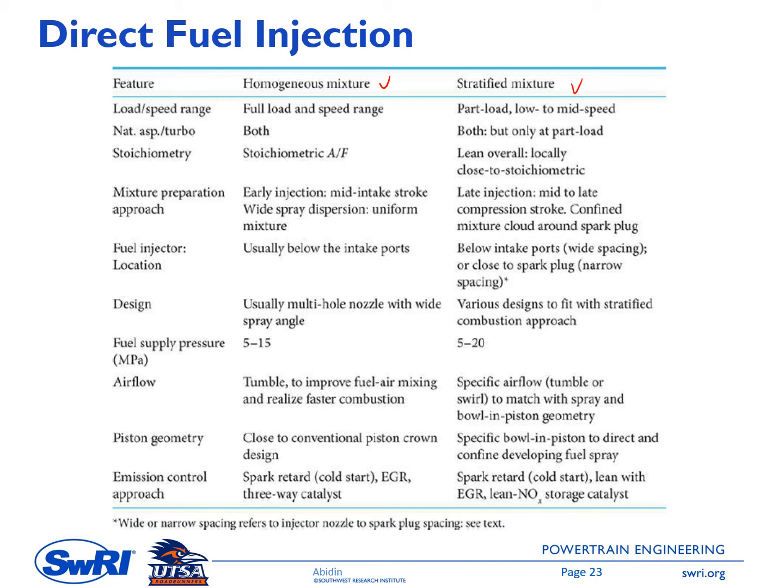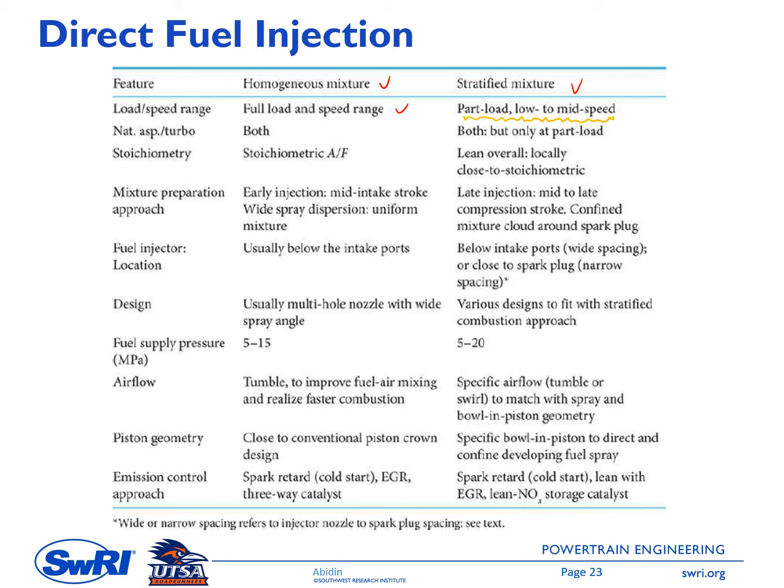The first feature here is about the load and speed range. So homogeneous mixture is usually operated for full load and speed range, and then stratified mixture is operated for part load and low to mid speed.